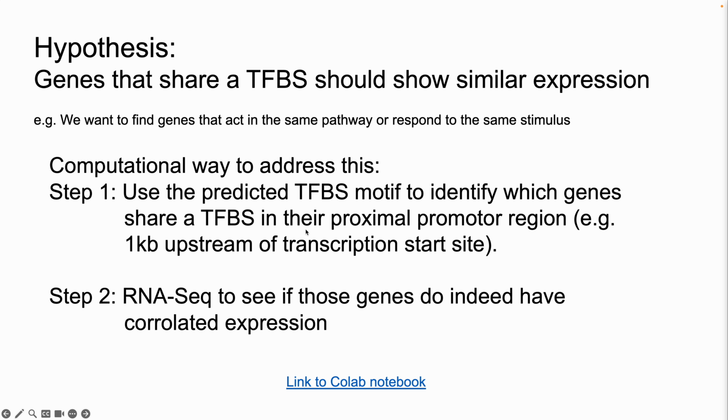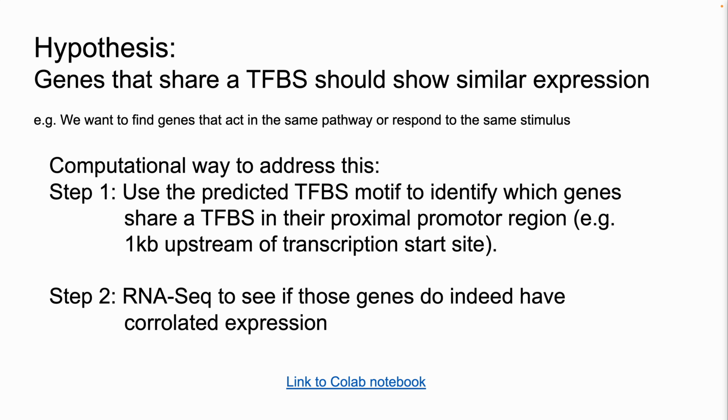We'll talk more about this when we get to BLAST, but we can both reduce the compute time and improve our power statistically if we limit the search space. So the way we're going to limit the search space here is to say, only take 1,000 base pairs upstream of every gene.